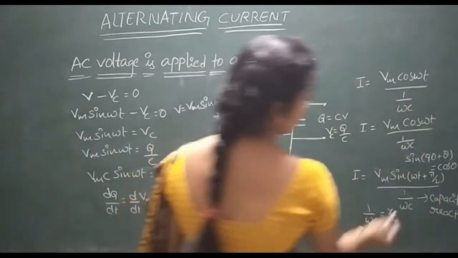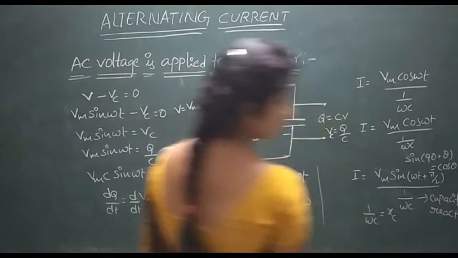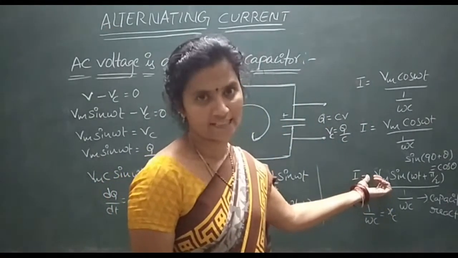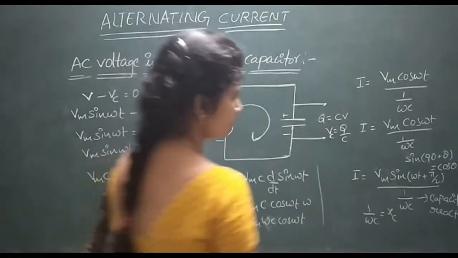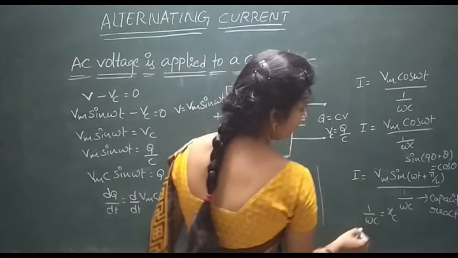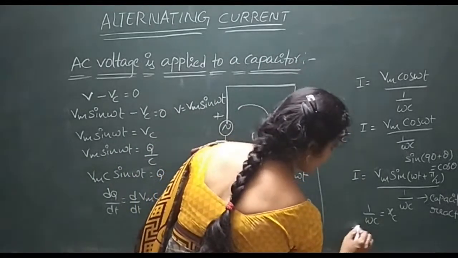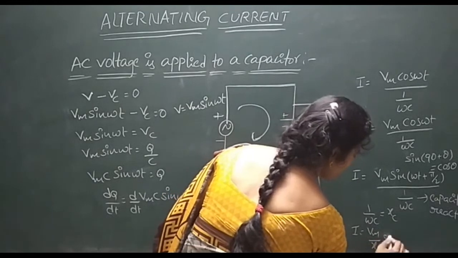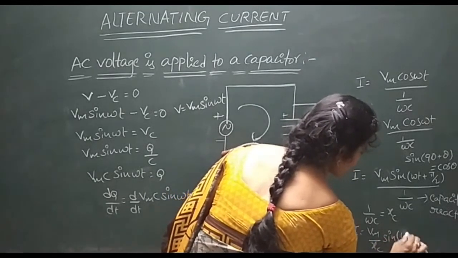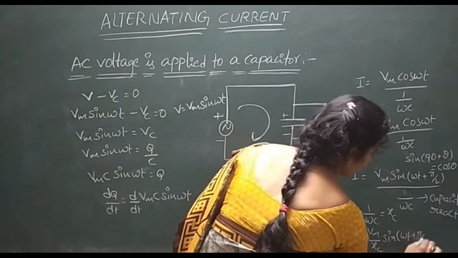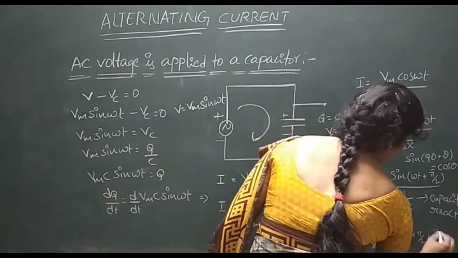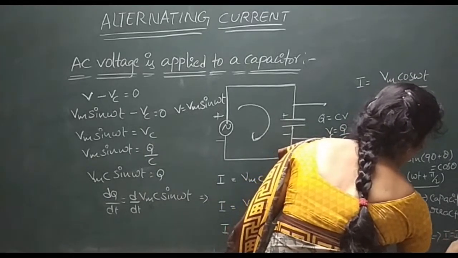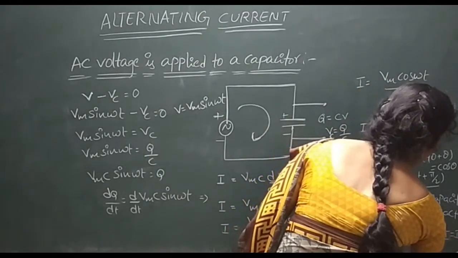Vm is the maximum voltage, so this can be written as Vm by Xc. I is equal to Vm by Xc sin of omega t plus pi by 2. From this, I is equal to Im sin of omega t plus pi by 2.